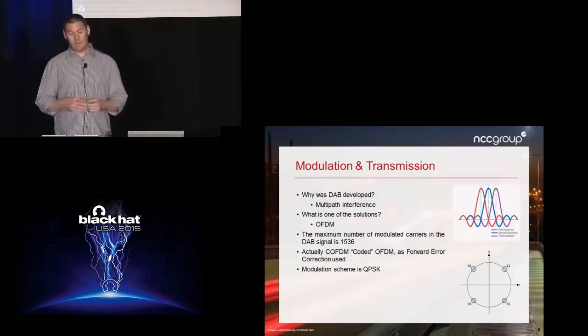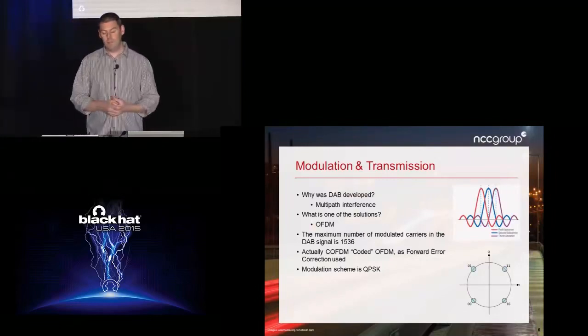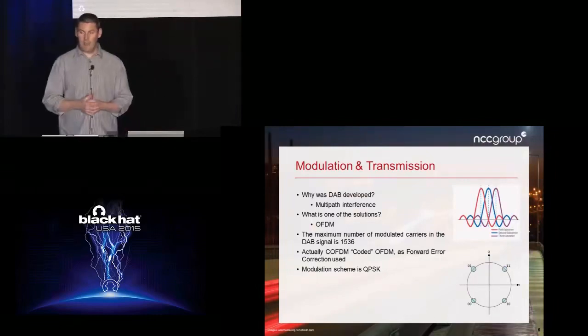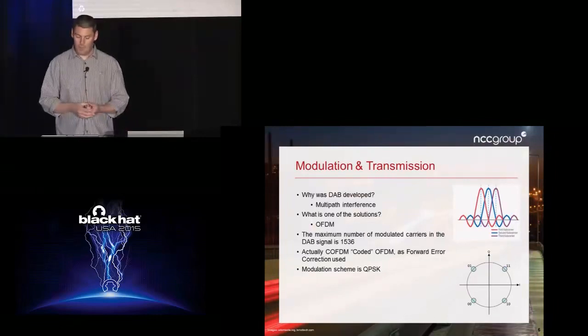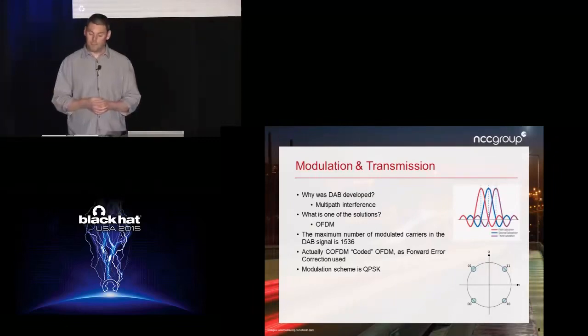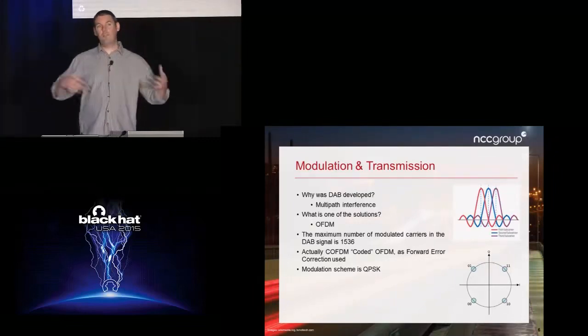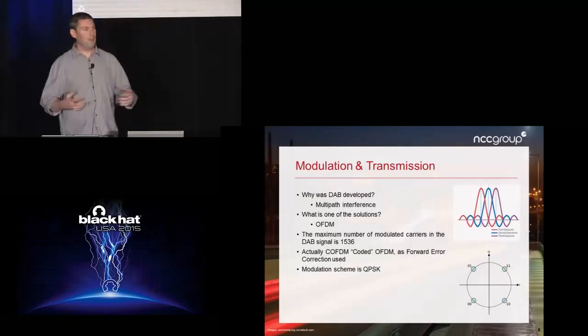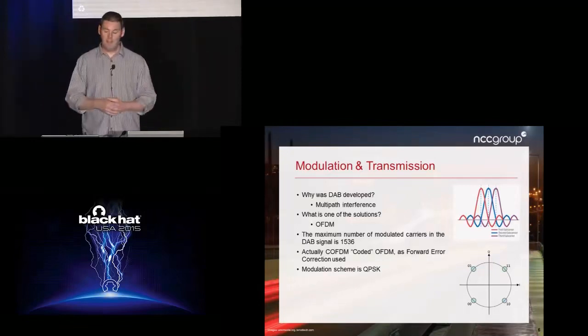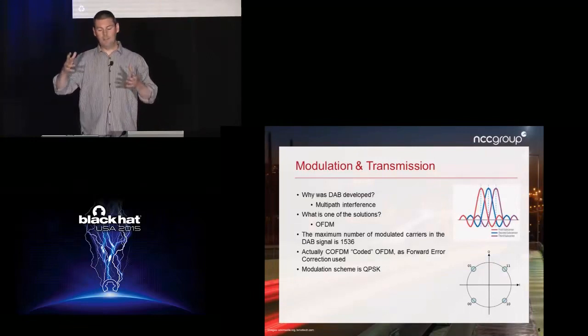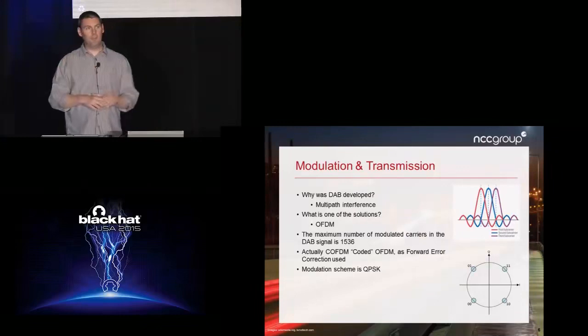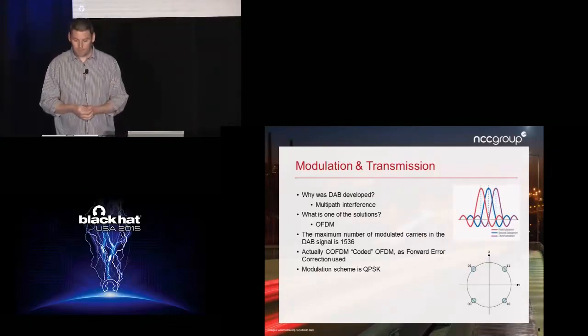So the reason that they decided to implement DAB over FM is FM suffers from interference called multipath, which is where you get reflections off buildings and reflections off other objects, and you get interference because the same signal is received at different times as a result of bouncing off these objects.